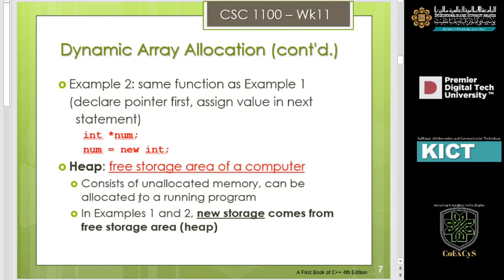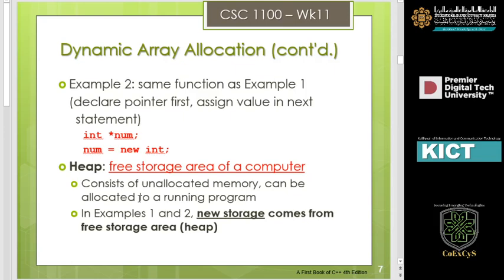Now what about memory that is not allocated? We call this unallocated memory. And this area where we can have unallocated memory is called the heap, right? It is basically a free storage area of a computer, and we can use it to allocate memory during the runtime, right?